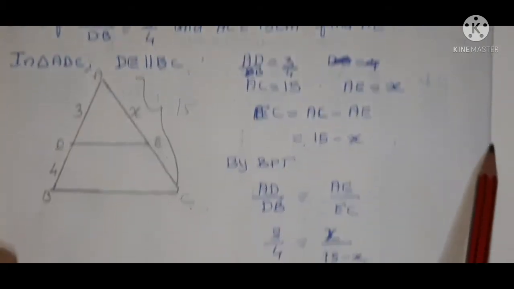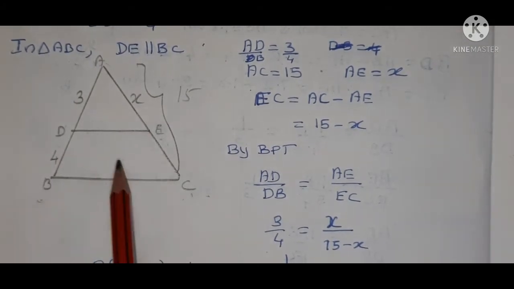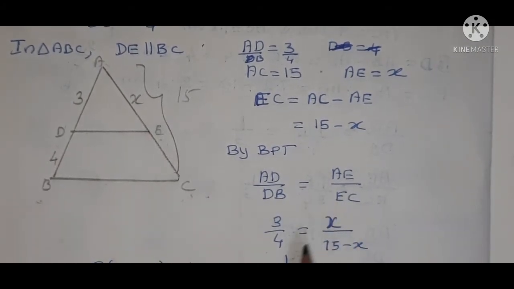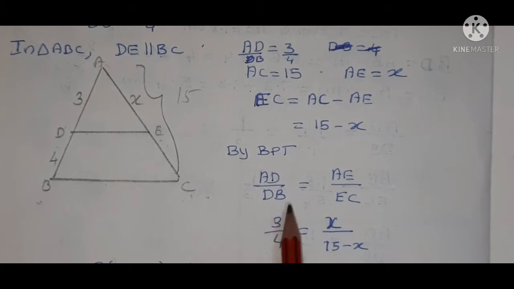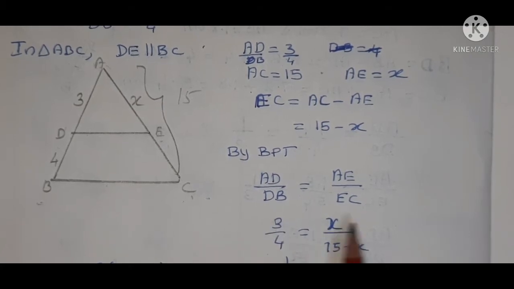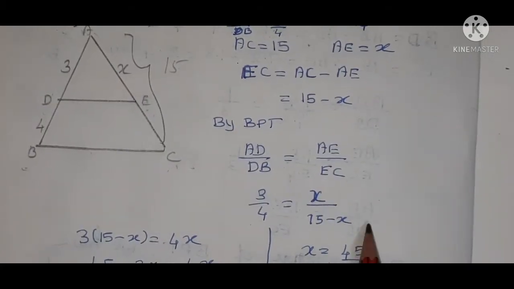By PPT, AD by DB is equal to AE by EC. 3 by 4 is equal to x by 15 minus x.